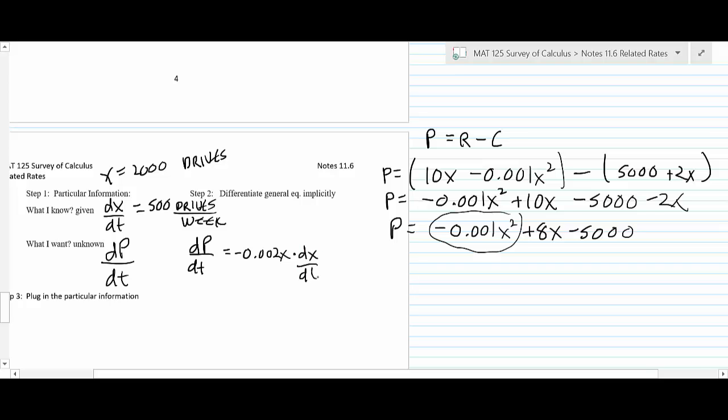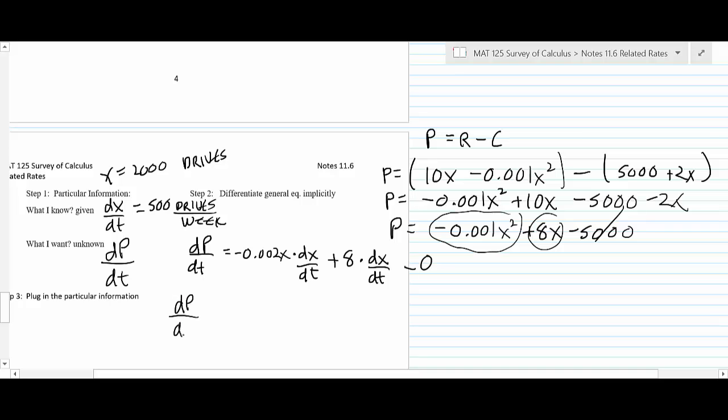So we're doing a derivative of x with respect to t. Next piece, that's 8, and again, it's dx over dt. And of course, the derivative of the constant, you don't have to put that there. I'm just emphasizing that.